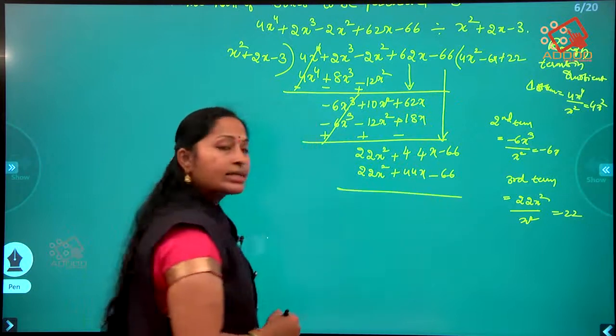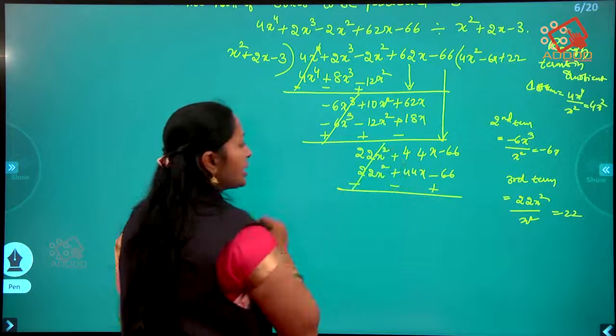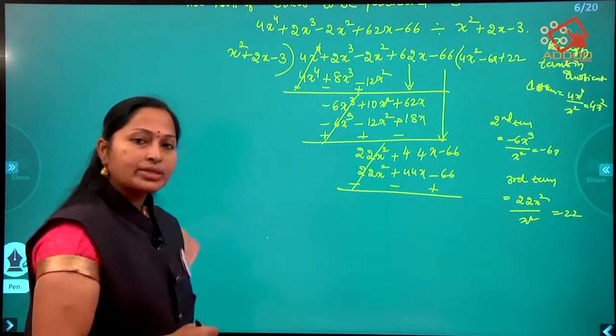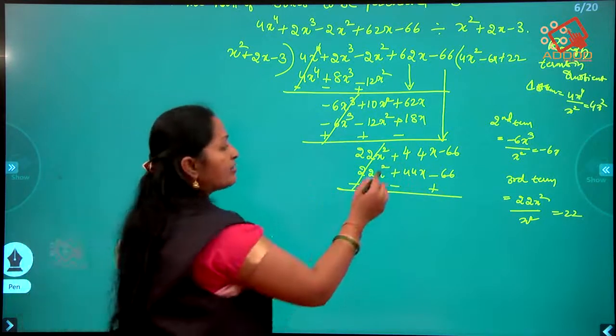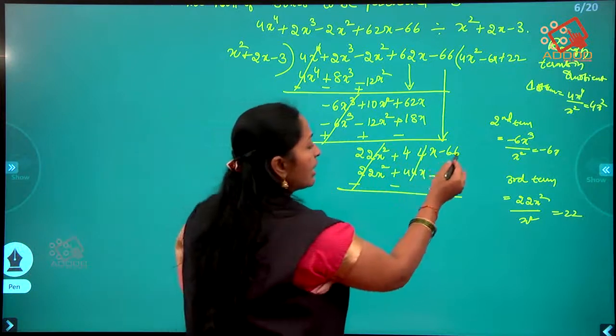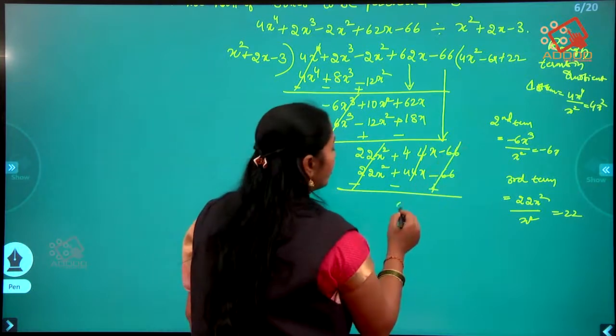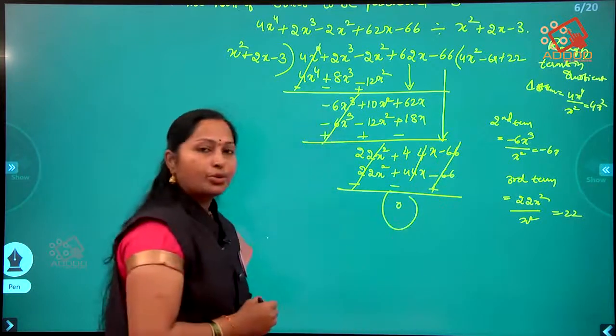When we subtract, signs will be interchanged, so plus 22x square and minus 22x square will be cancelled, and plus 44x and minus 44x will be cancelled. Now minus 66 plus 66 will be cancelled. Now we got the remainder as 0.